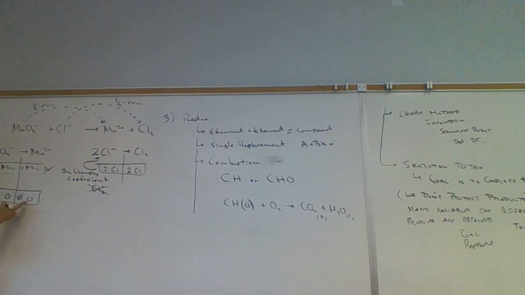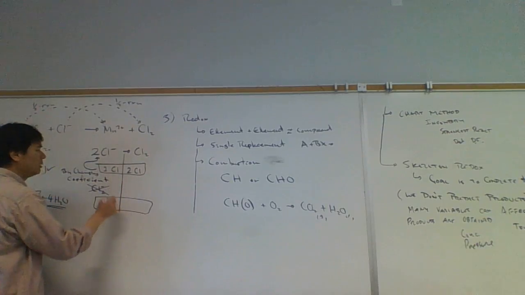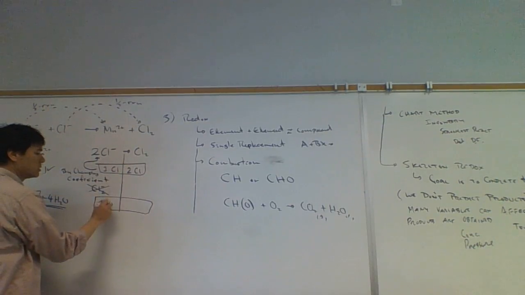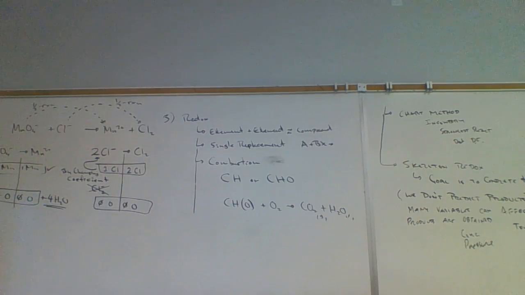Here I need 4 oxygens, but I'm going to do this by adding 4 H2Os. Now I'm going to have 4 oxygens on both sides. When I look at the second half reaction, I don't have to worry about it because there are no oxygens on both sides, so I don't do anything. It's already balanced.